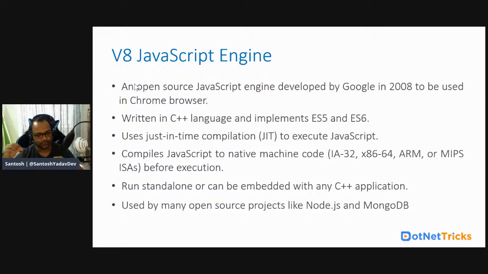I think that was one of the biggest things which happened in the last 10 to 12 years, because with no V8 engine, there would be no Node.js, no Angular, no React, right? So you can just think about the impact which the V8 engine has made. It was written in C++, as I already mentioned.